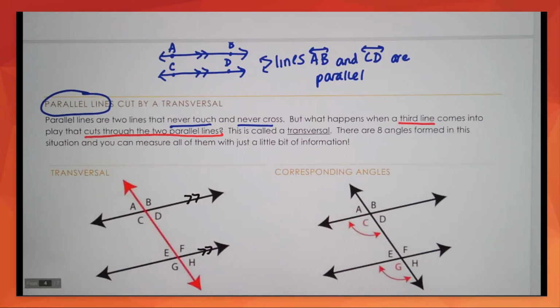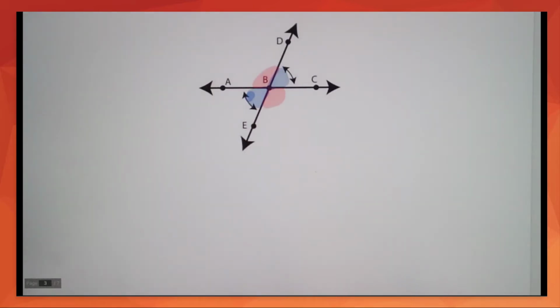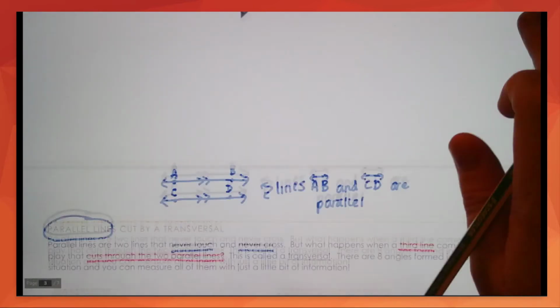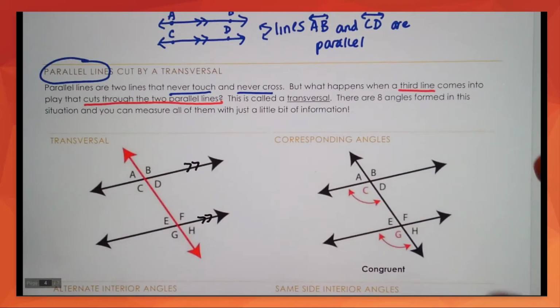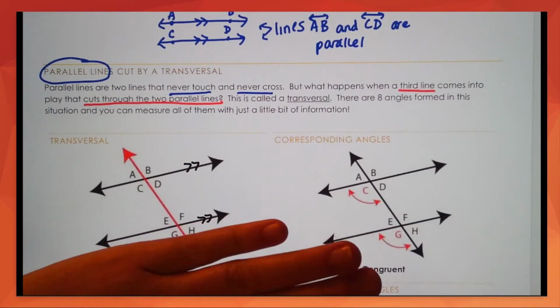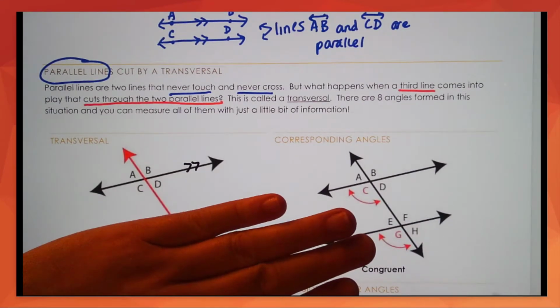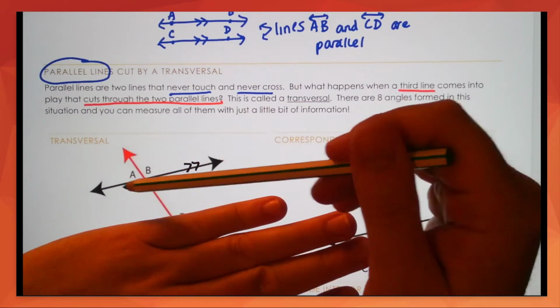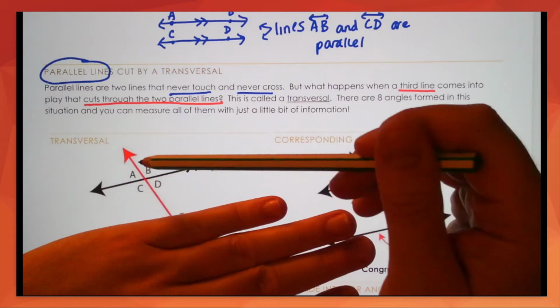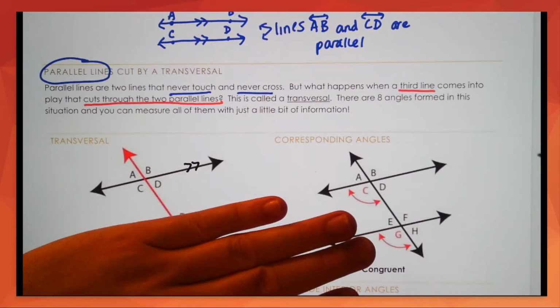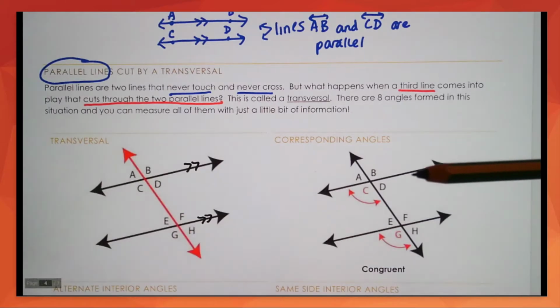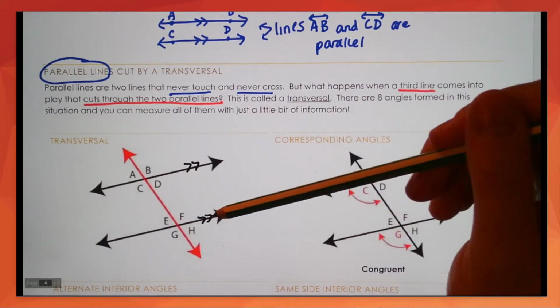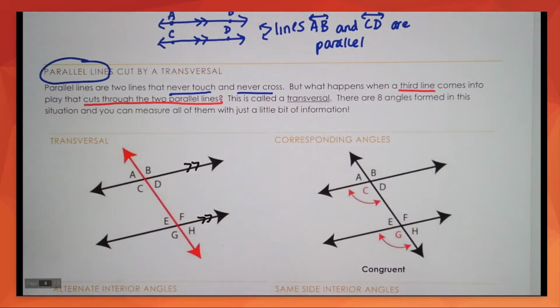And if you remember when we were talking about vertical angles, I'm going to use my hand and cover the bottom of this for right now. Just look at this right here. Whenever you have two lines that intersect this way, there are four angles that are formed. Well, what's happening here is you have that same line cutting through another line, and you have another four angles being created.